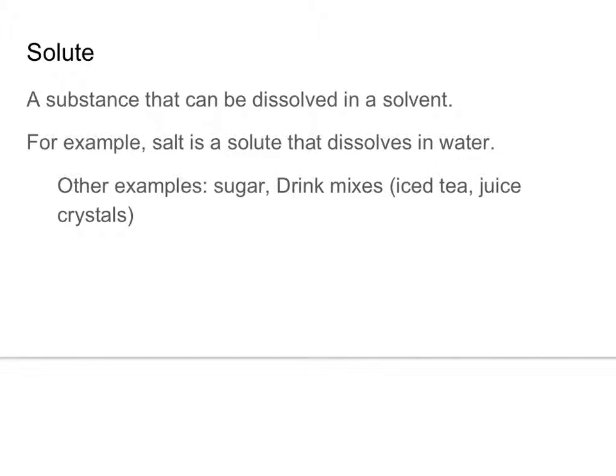So now we're going to start looking at the different parts that make up a solution. This is specifically for a solution or a homogeneous mixture, as it relates to the part that dissolves things and is dissolved. So the first thing that we have is a solute.